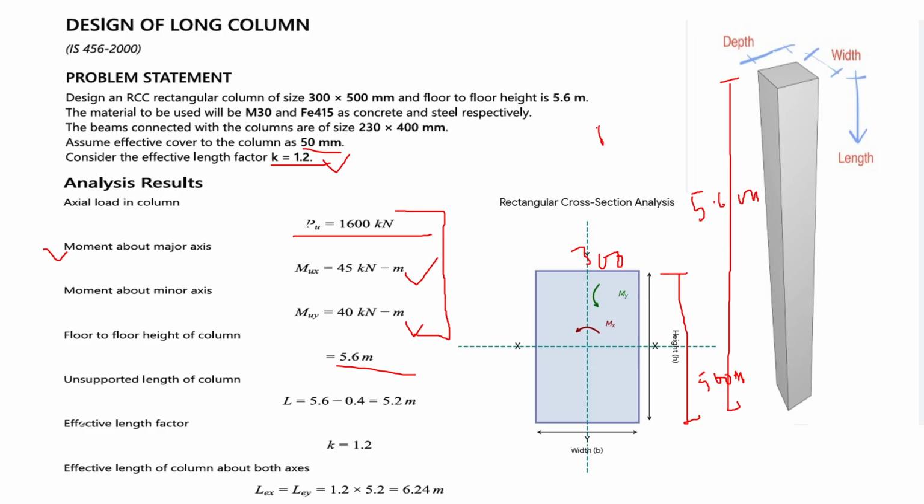Suppose this is the column here and some beam is crossing, or maybe there is some additional slab. Due to the effect of the beam and the slab, some moment will be generated on the column about the minor and the major axis.